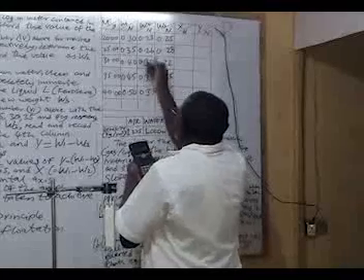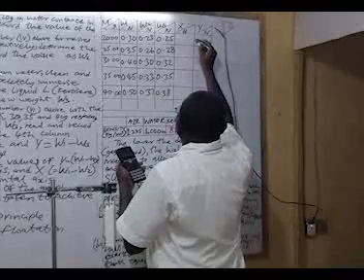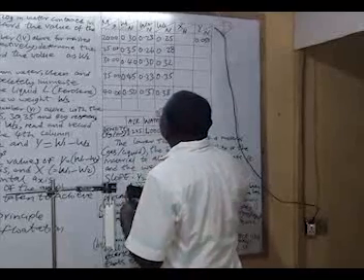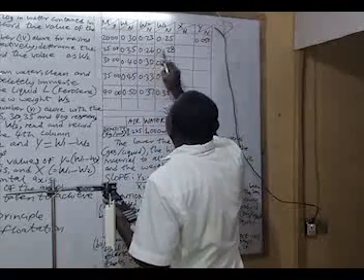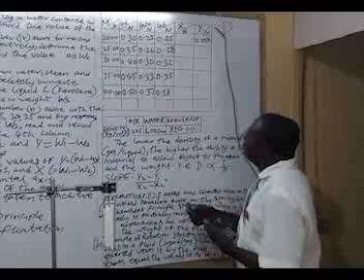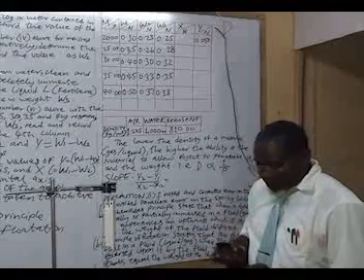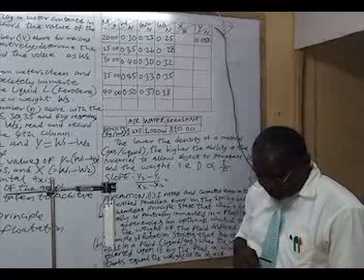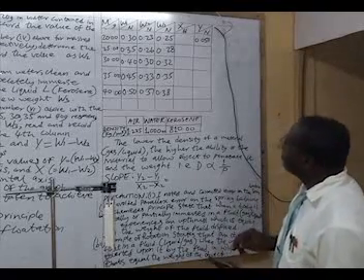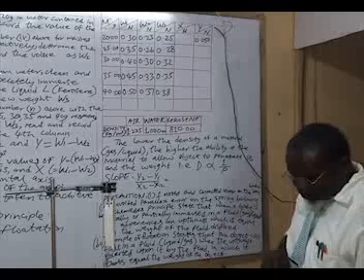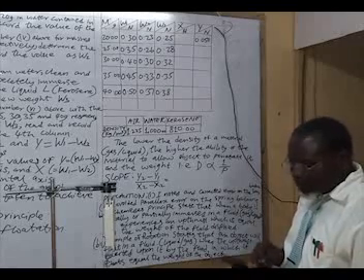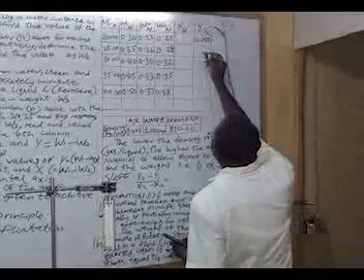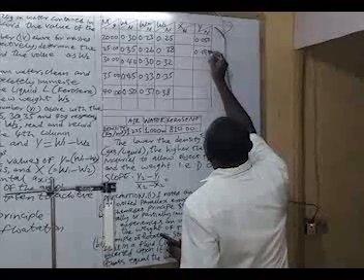W1 minus W3 is Y. 0.050. W1 minus W3, 0.35 minus 0.28 is equal to 0.070.